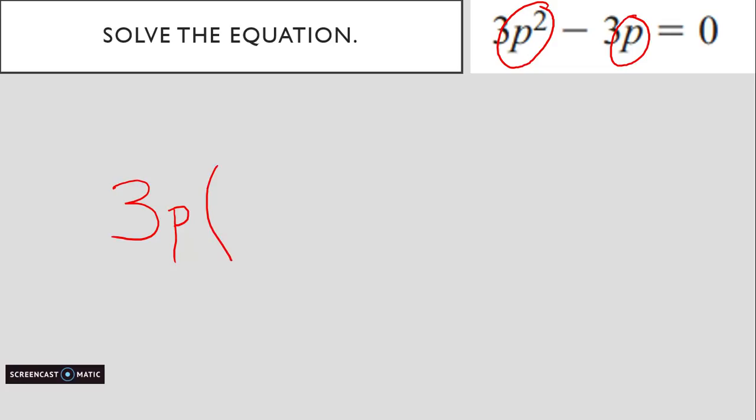We're going to write those parentheses. It needs to be set equal to 0. And 3P times P is 3P squared. And 3P times 1 is 3P. And we started out with a subtraction sign, and so we should keep that subtraction sign in our factored form here.